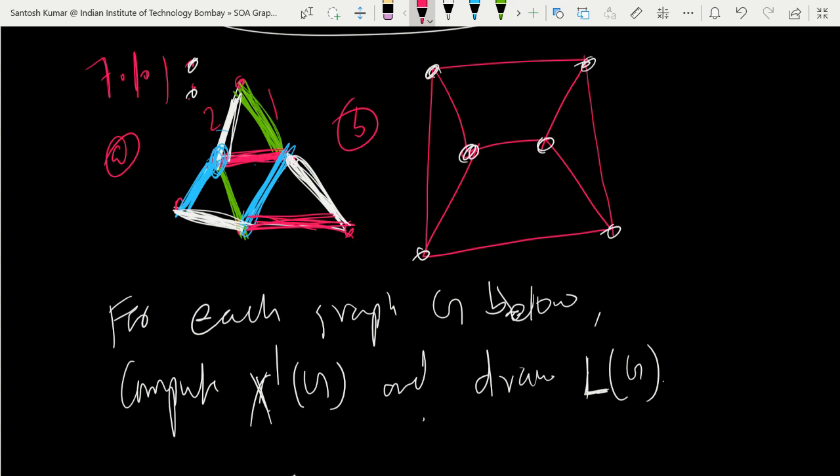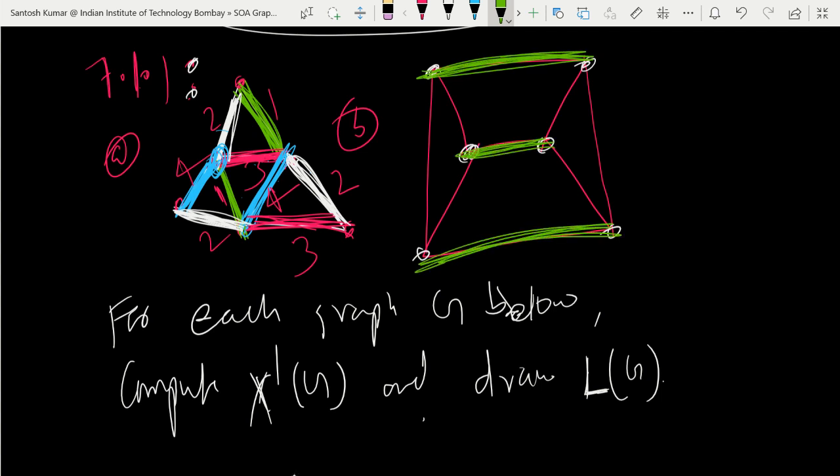Like 1 2 3, okay, and then here is 4, this is 1, this is 2, okay, this is 3, and this is 2, and this is 4. And for the second one you can do 1, 1, okay.